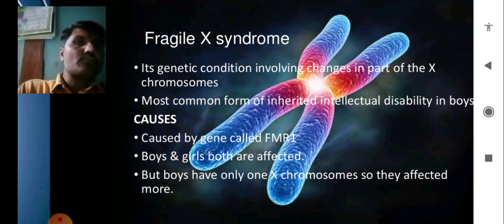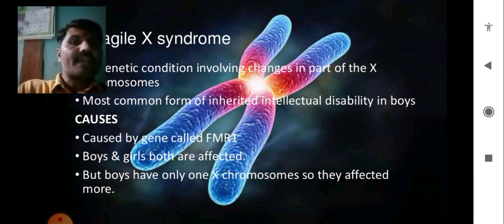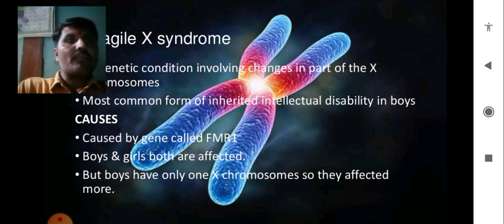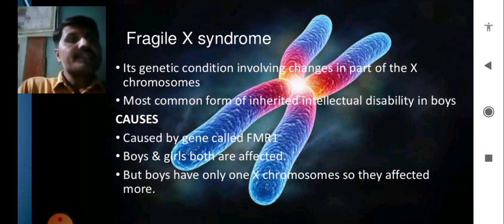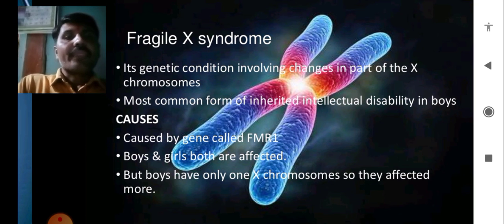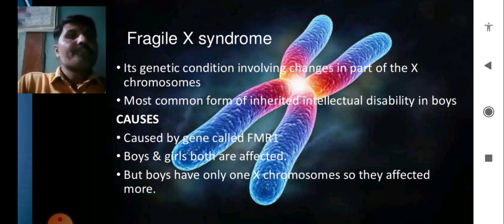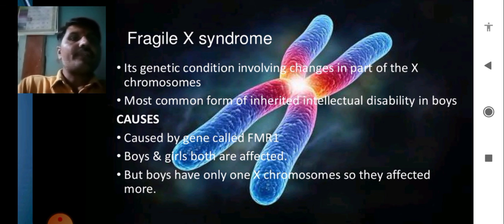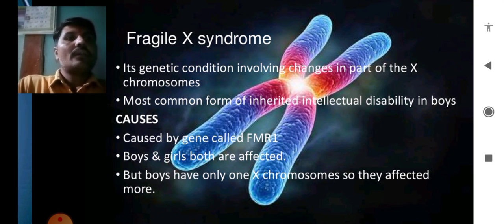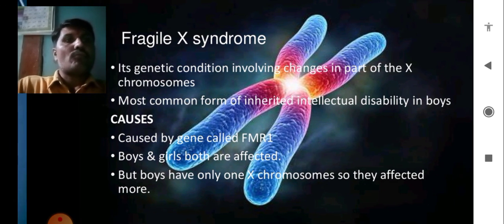Boys and girls are both affected, but boys have only one X chromosome, so they are affected more. So Fragile X syndrome is most commonly associated with intellectual disability in boys.